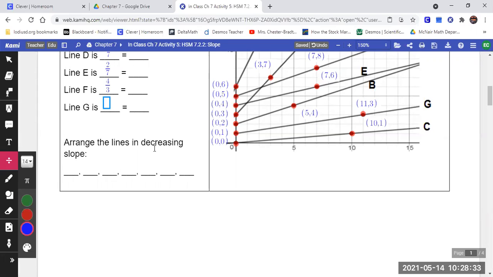Charlie, what was the slope of G, please? Yes, Charlie, what is the slope of G?